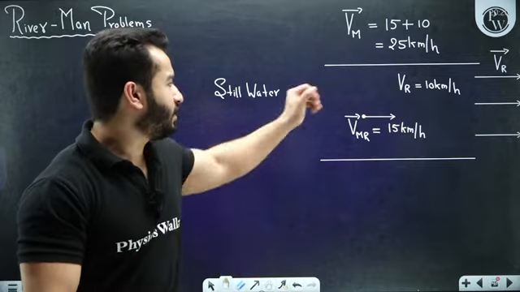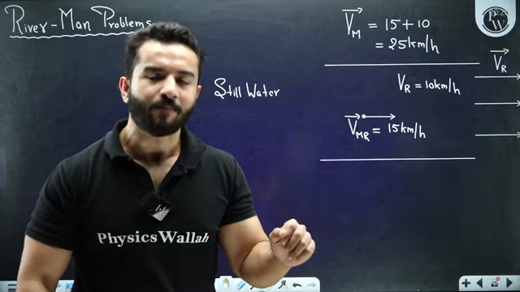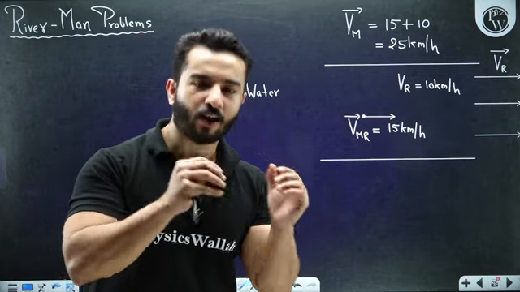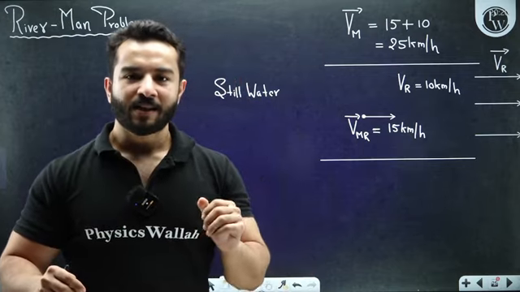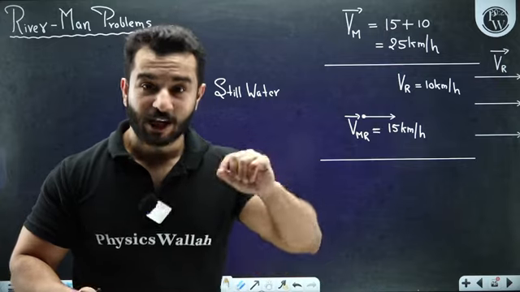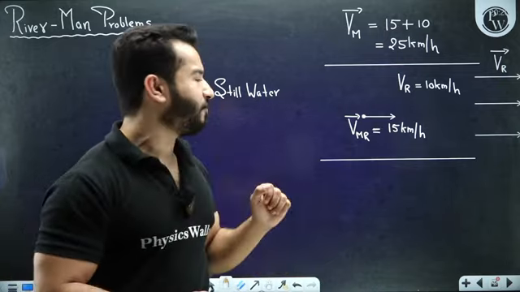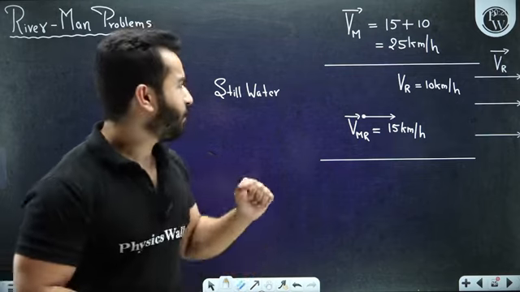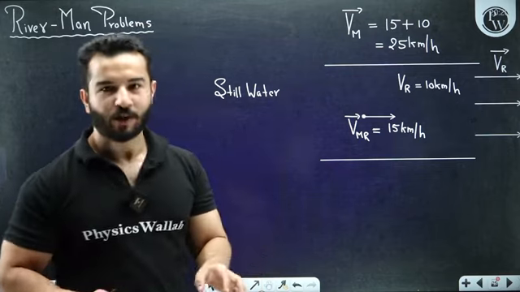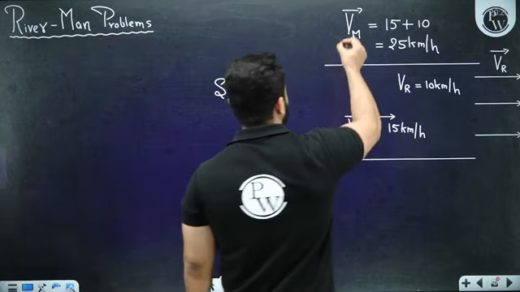And because the person is swimming downstream, that means he is moving along with the flow of the river. The speed of the river will get added to the speed of the person. So now the speed would be 25 kilometer per hour. So this is the reality.